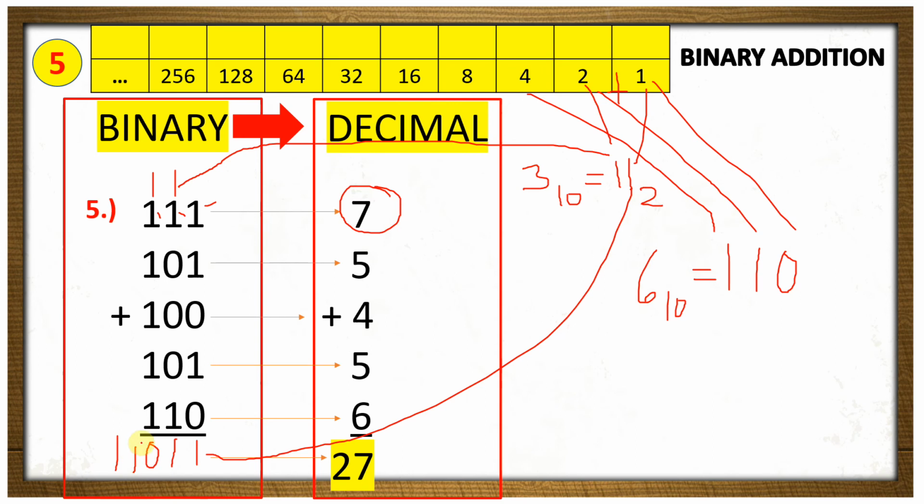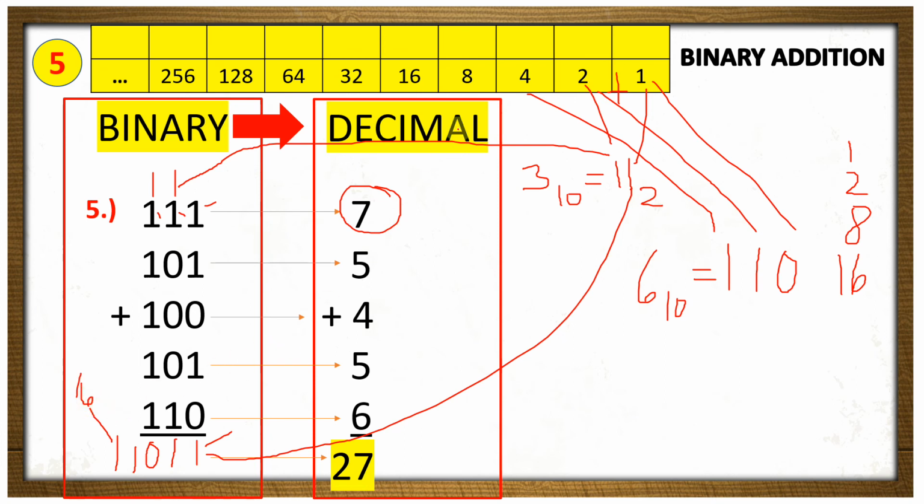So to check if this is 27, the first digit is this one, 1. Okay, that's 1 plus 2. 4 is off, 8 is on, and 16 is on. This one is 16.